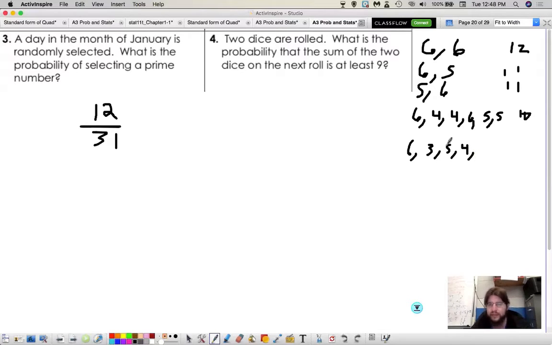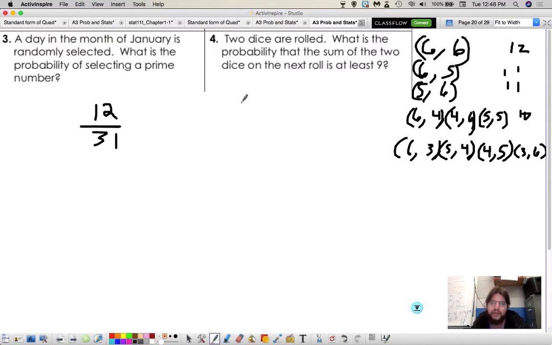6 and 3, 5 and 4, 4 and 5, 3 and 6. 1, 2, 3, 4, 5, 6, 7, 8, 9, 10 out of, well, 6 times 6 is 36, 36 possibilities.